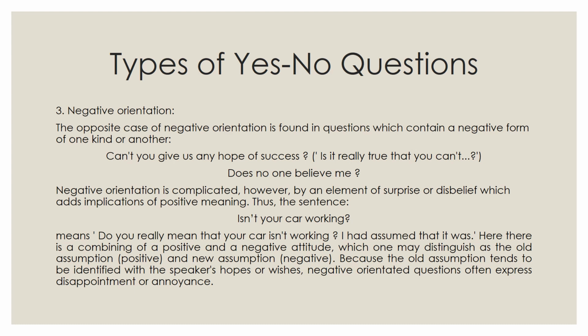Which one may distinguish as the old assumption, positive, and the new assumption, negative. So we have two assumptions, old and new. What did we expect? We expect something positive. I expected that your car was working.